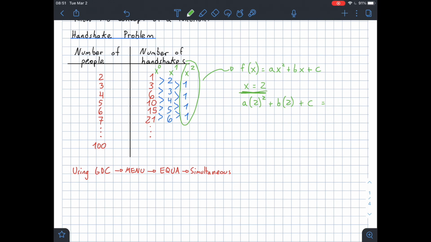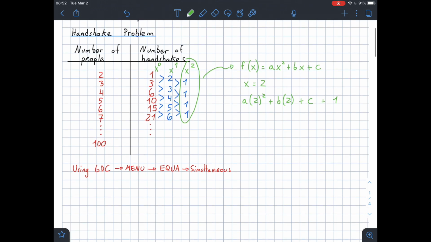Remember that x is the number of people, and the value of the function would be the number of handshakes. So if there are 2 people in a room, I know that the number of handshakes would be 1, right? So this is equal to 1 right here. If I organize this, I would have 4a plus 2b plus c is equal to 1.